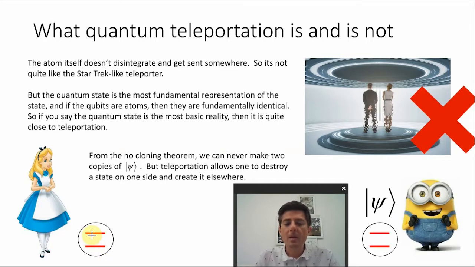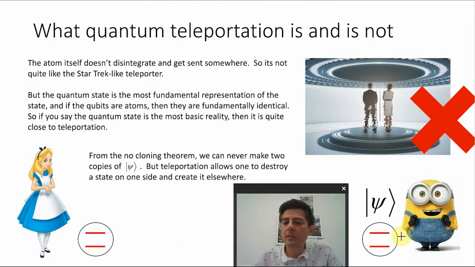Another aspect is that we know from the no cloning theorem that it's impossible to make two copies of a state. In the last lecture, we found that if you had a quantum state here, it's impossible to make the same quantum state on a different qubit.